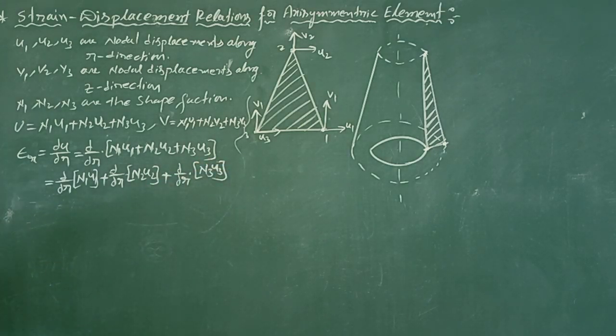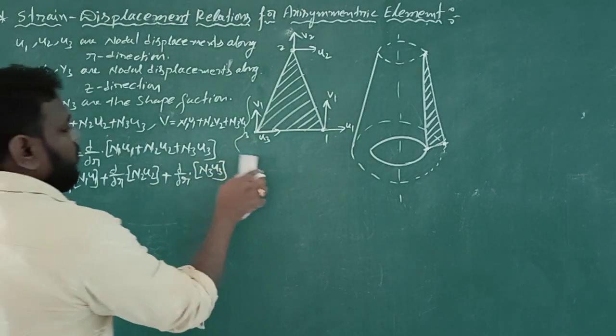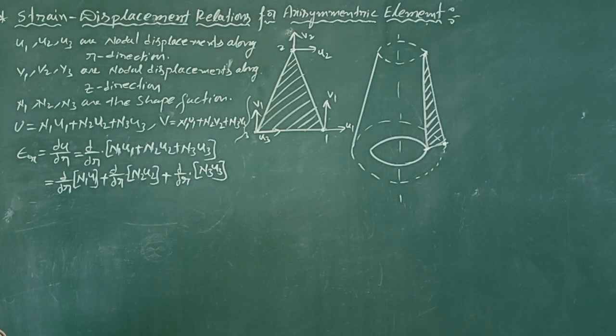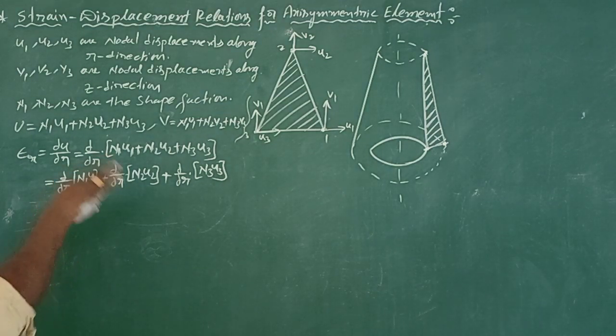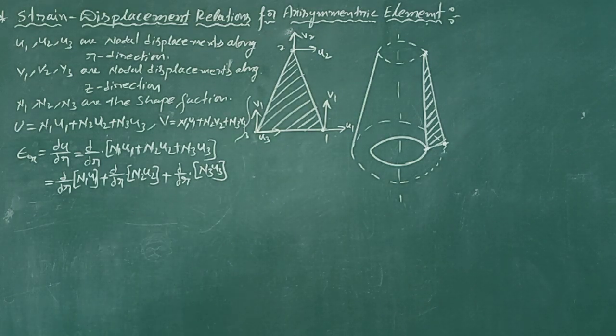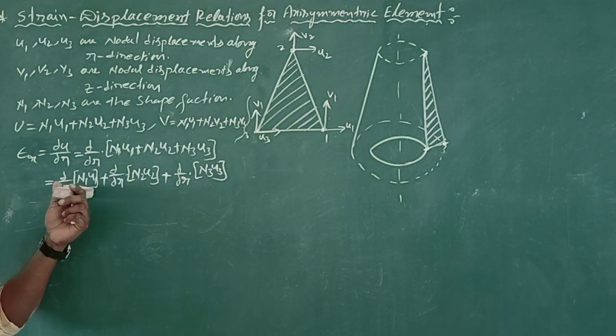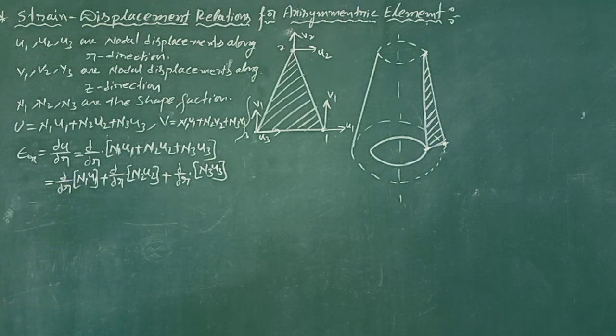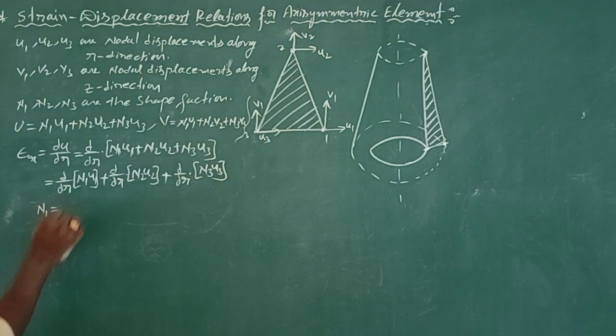I have already derived the shape functions for the axisymmetric element, so I am just substituting here. There is a one-hour video for deriving the shape functions. In the description there is a link, so open it. First we have to derive the shape functions, then we will put them here.